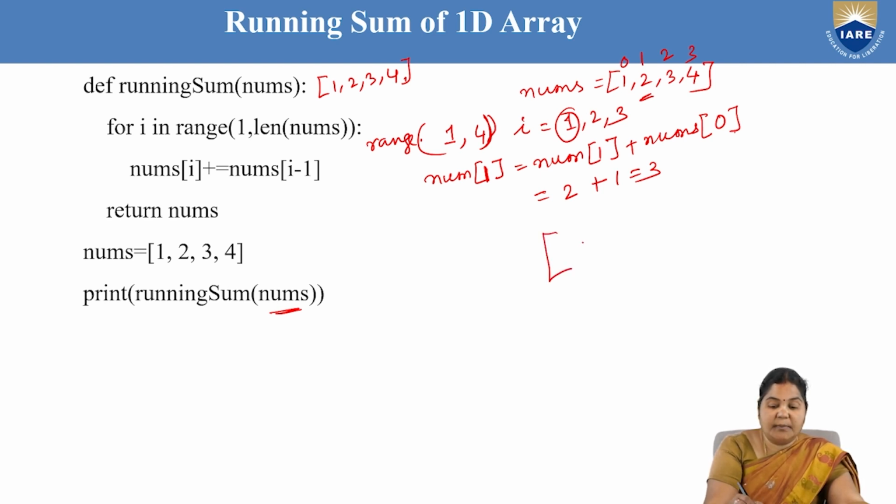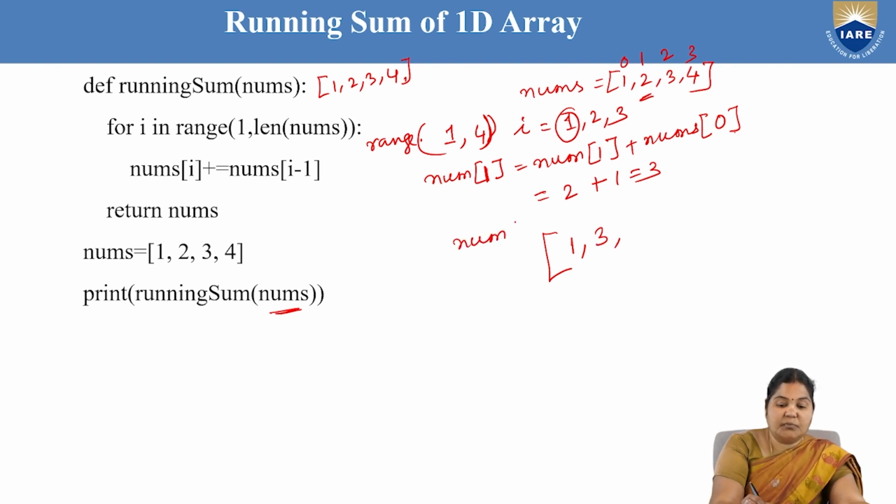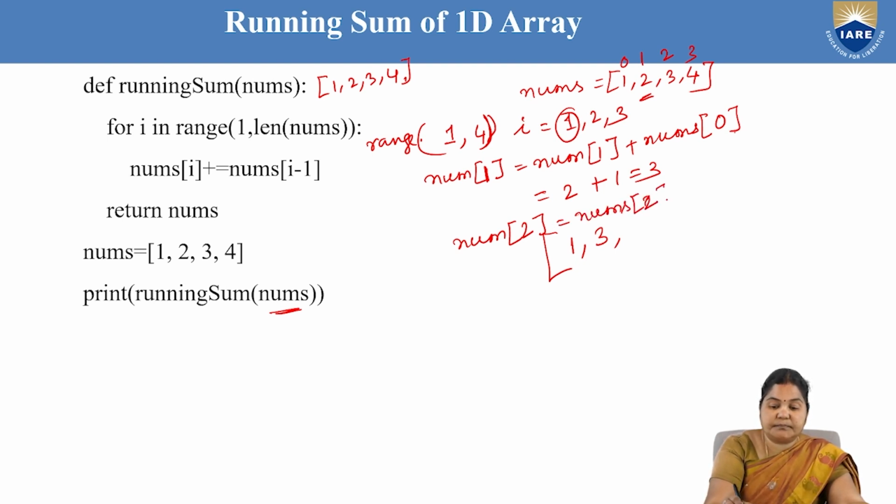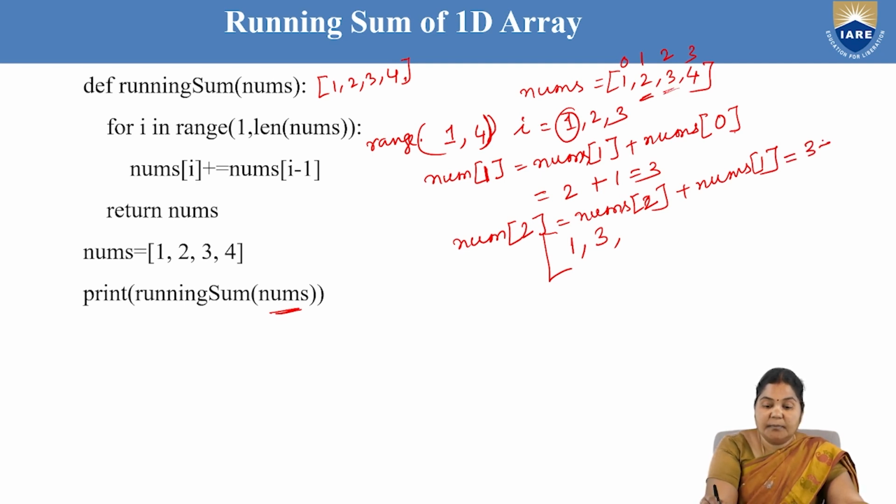Okay. So, in my array, first one is as it is. Next value changes to 3. Okay. Next time, when i becomes 2, nums[2] is nothing but nums[2] plus nums[1]. So, nums[2] is how much? Nums[2] is your 3, plus nums[1], which has changed to 3 already.